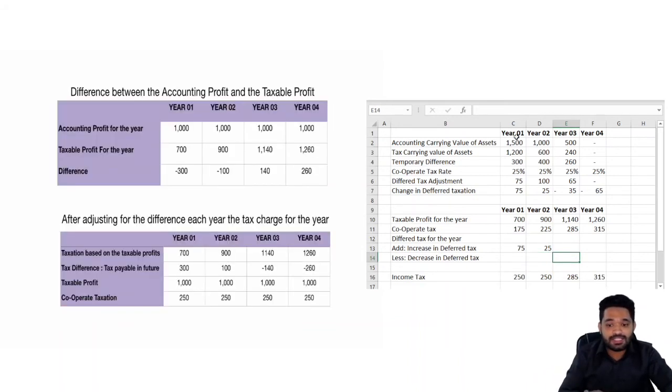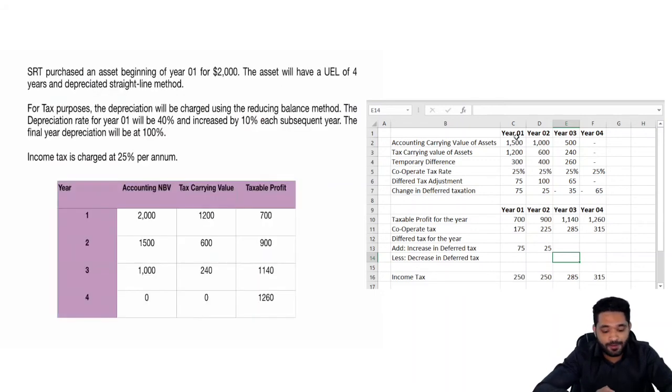Then in the third year, you see my taxable profits were higher compared to my accounting profit. So I need to reduce my taxes. Therefore, if I'm looking at a reduction here on my deferred taxation, I will reduce it from my income tax for the year.